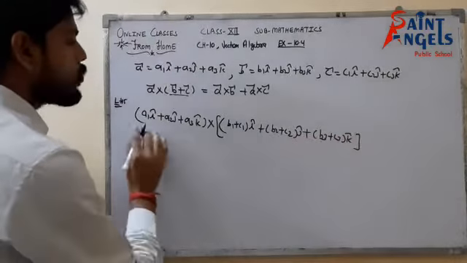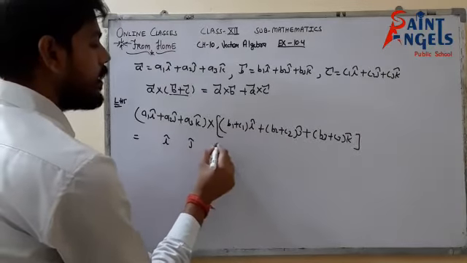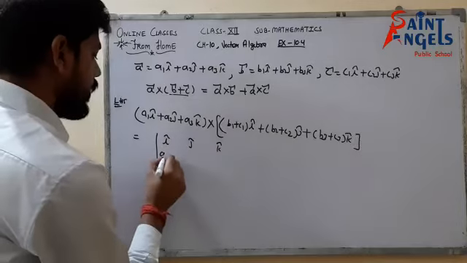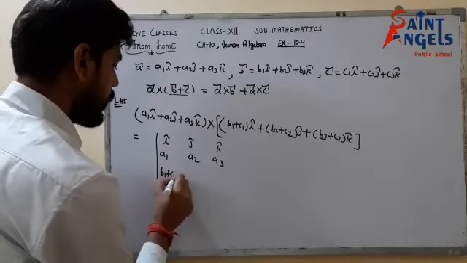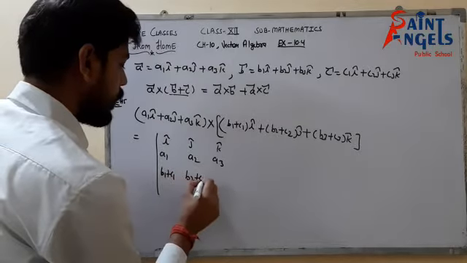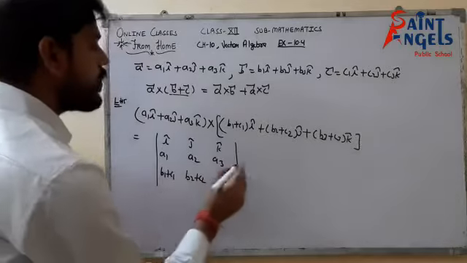So I have to solve this, and that would be equal to the determinant with rows i, j and k; A1, A2, A3; B1 plus C1, B2 plus C2, B3 plus C3. So I have to open this determinant.